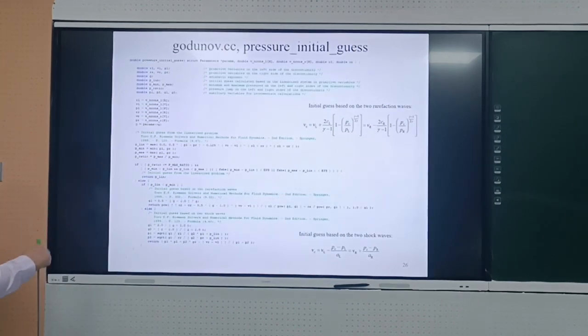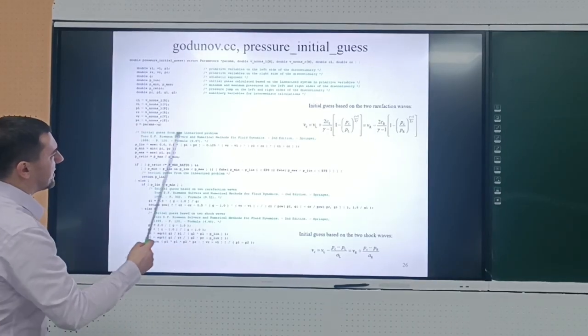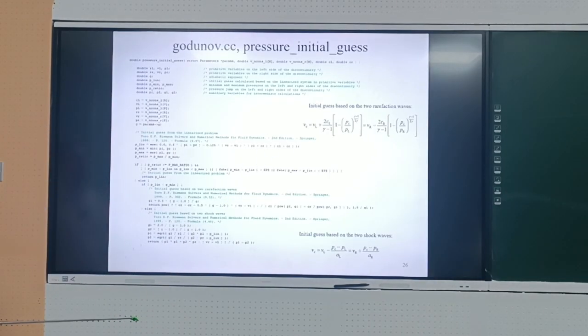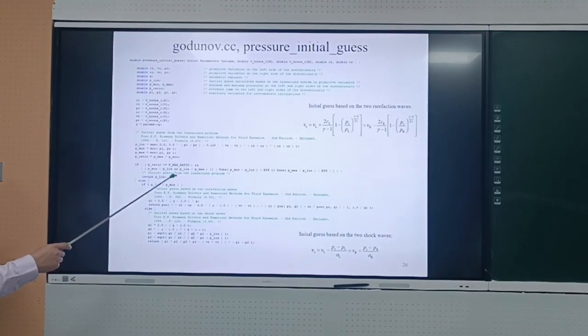Toro provides the following idea. He also computes some guess from a linearized problem. Actually, this formula comes from consideration of acoustic systems. Then he introduced some empirical parameters, the P max ratio.